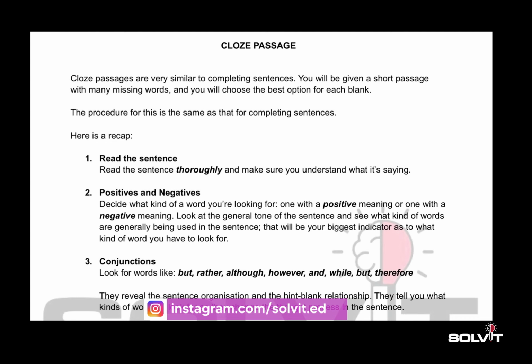Now, this is pretty much the same as completing sentences. I covered completing sentences in my previous video. So if you haven't checked that out yet, please make sure you do because this is pretty much the same thing as that. Okay, except that those are sentences and in this you'll have to complete a whole passage, but it's not difficult.